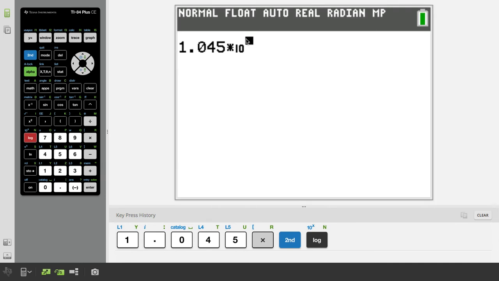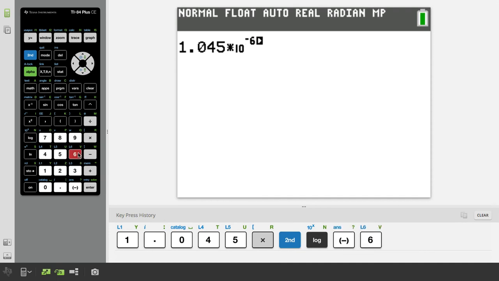Up here, I'm going to type in my negative 6, remembering that sometimes this can be shown as an E. I use second log to get to that 10 to the power of x. So let's put in that exponent, negative 6.